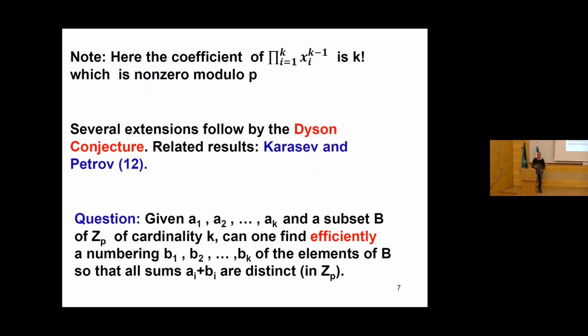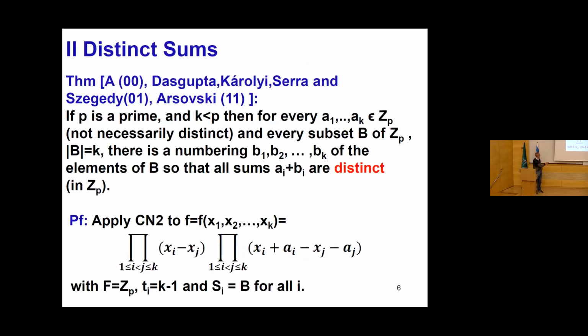Here, actually, it's very simple to check this coefficient. If you want, it's also a very special case of the Dyson conjecture, where all the terms are 1, for those who know the statement of the Dyson conjecture, but you can just open up the Vandermonde determinant. So let me look at the polynomial again.